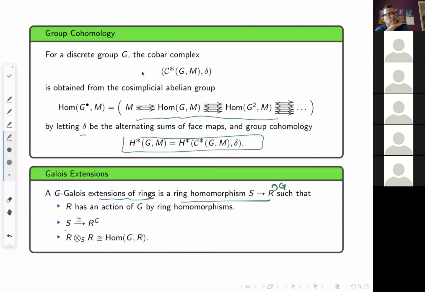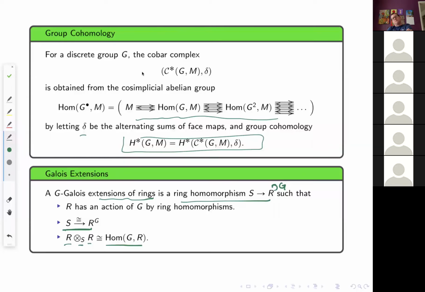And we want S to be the fixed points for the action. Furthermore, if you want to recover the theory, you need to ask that if you take R and tensor it over S with itself, you get maps from G to R. I'm forgetting the word for that; I want to say normal basis type of stuff.